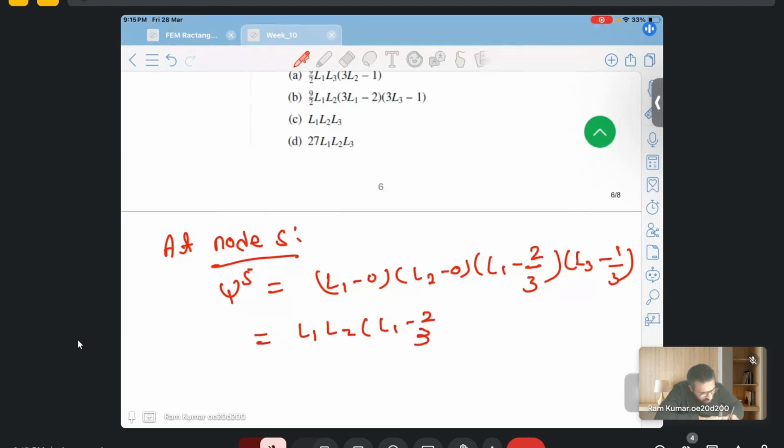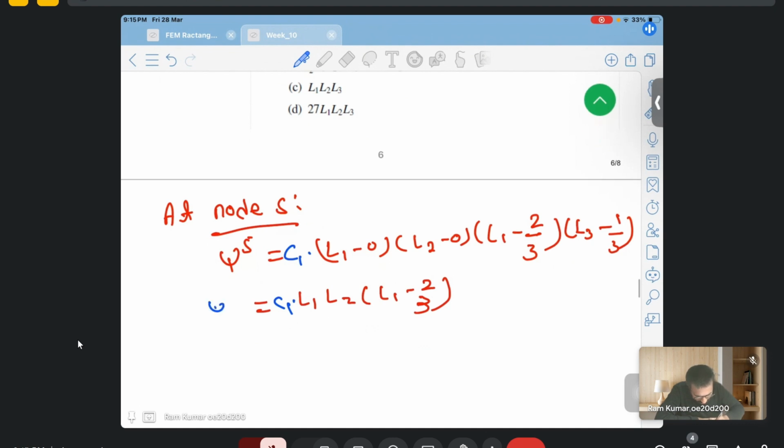Now we have to multiply by some constant, so I will call this C1. After putting the shape function boundary condition, we can get that C1. So this will be our psi 5.